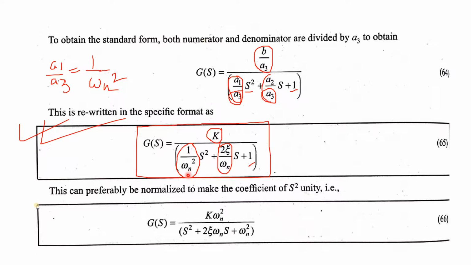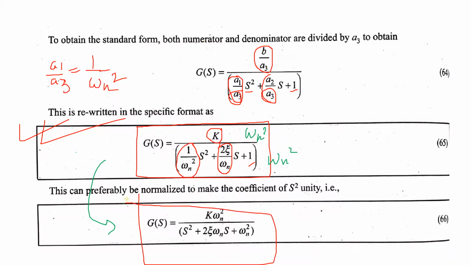Then, to make s square have coefficient 1, we multiply by omega n square, so it becomes s square plus 2 eta by omega n into omega n square, that is 2 eta omega n s plus omega n square. Omega n square is multiplied in both numerator and denominator, so you get this equation.